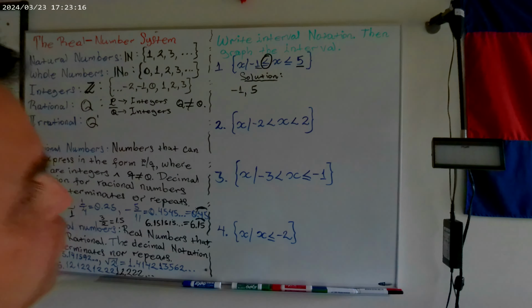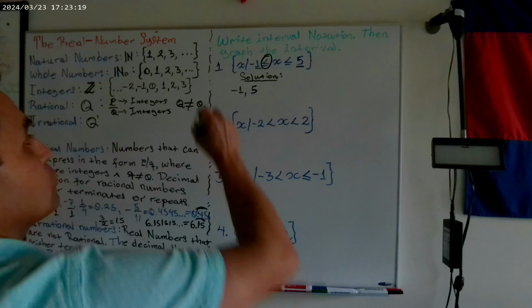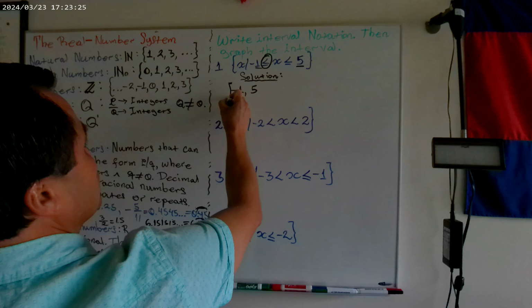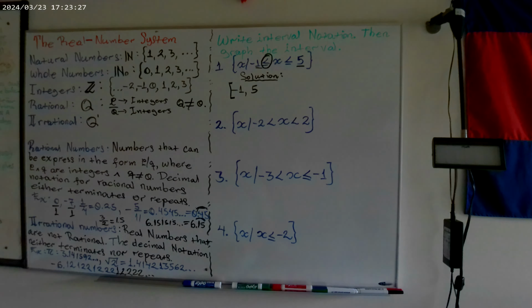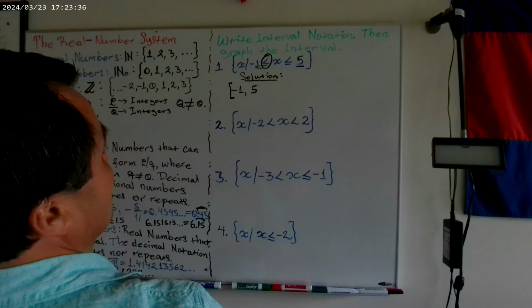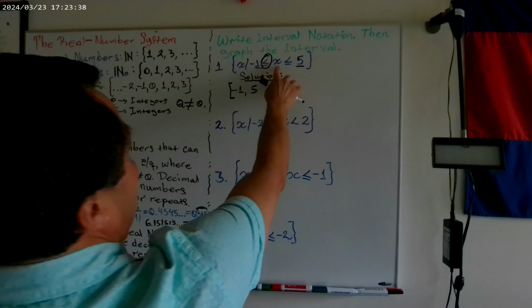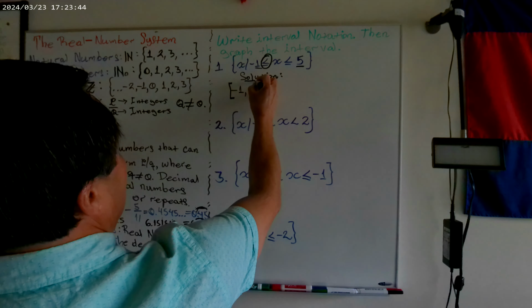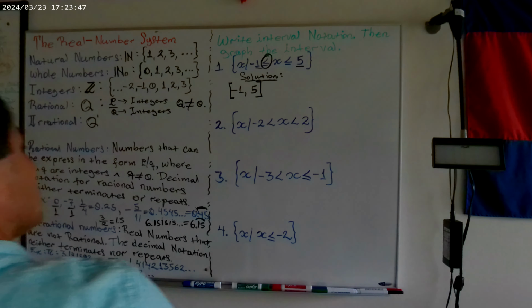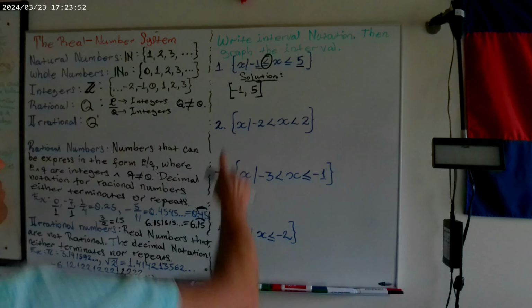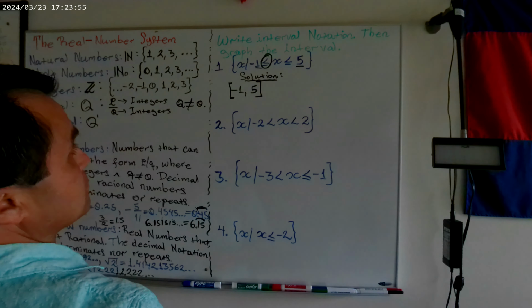So on the left-hand side we write a square bracket, because it means it is included. And on the right-hand side, x is also less than or equal to 5, so we also write a square bracket, because it means 5 is included.